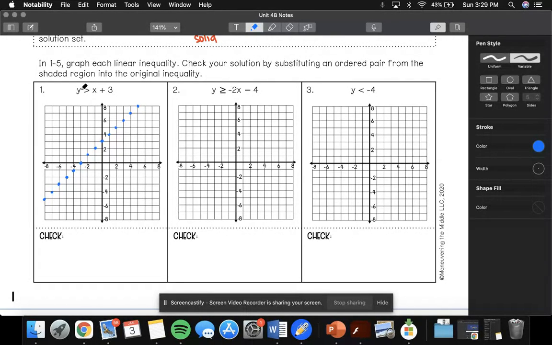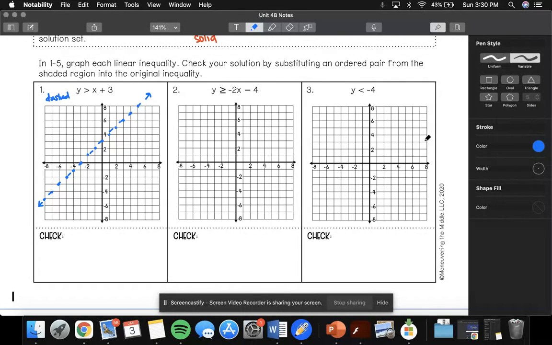First I ask myself, is it including this line or not including this line? It's just greater than, it's not greater than or equal to, so it will be a dashed line. You can write dashed if you want, but I'm just going to draw a dashed line because it cannot include that line.